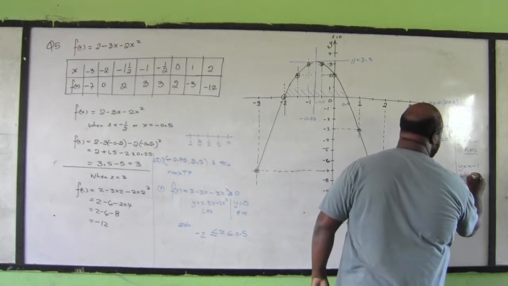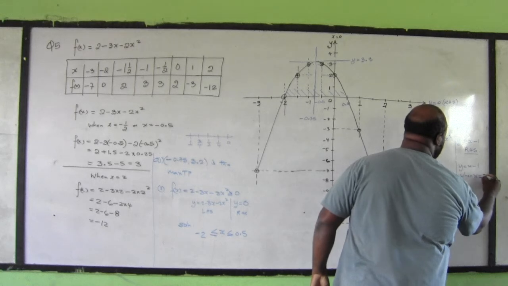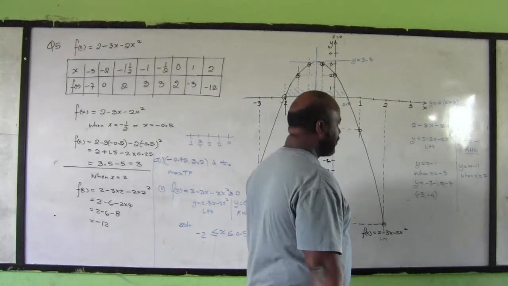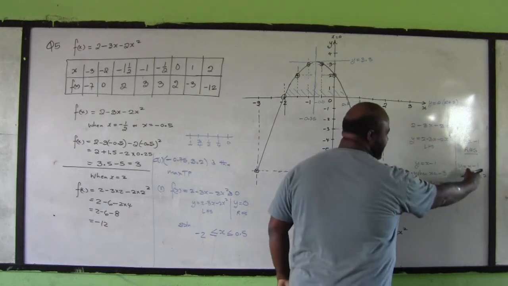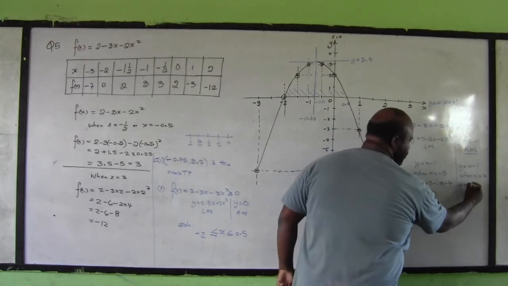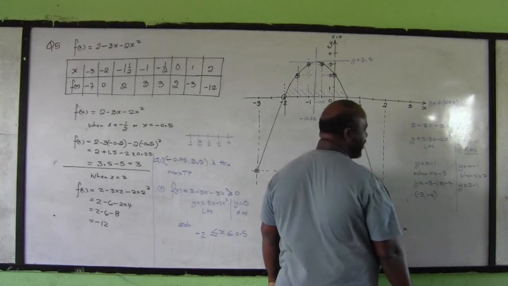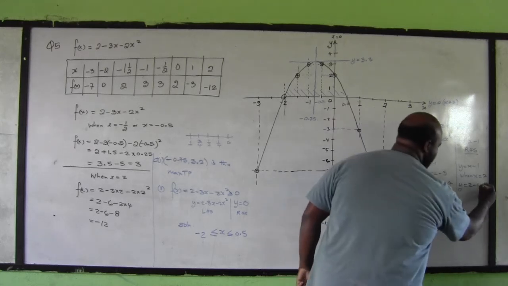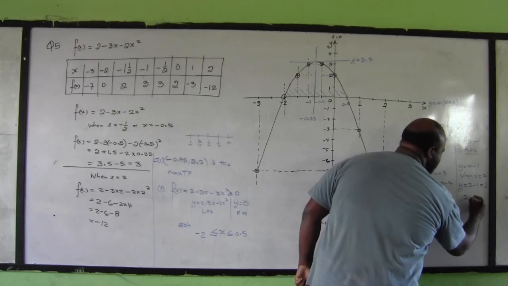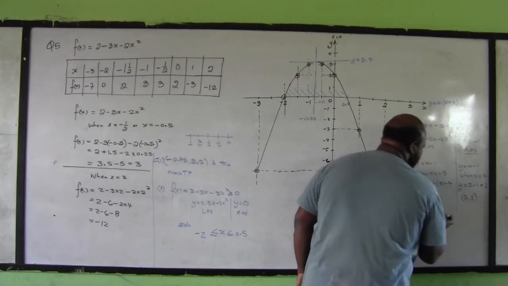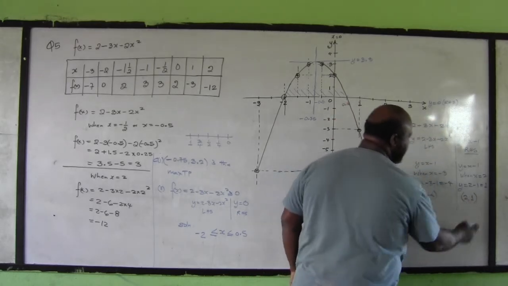I'm going to say when x is equal to 2, y would be equal to 2 minus 1. What is 2 minus 1? 1. So when x is 2, y is 1. This is a point and this is a point.